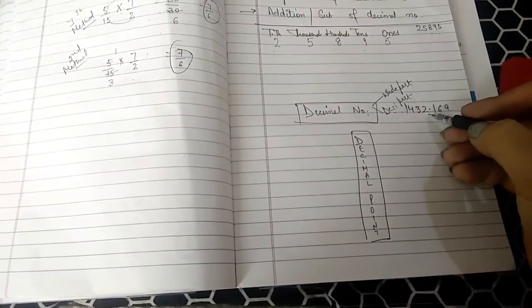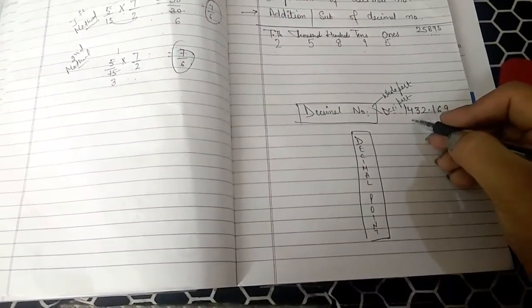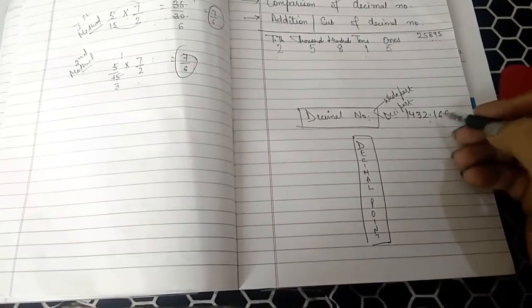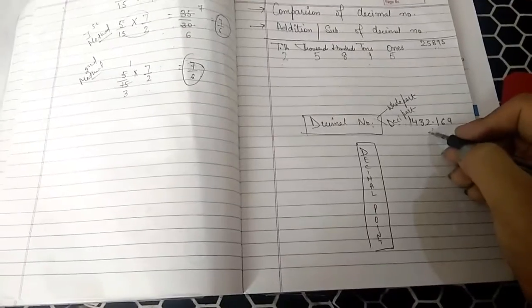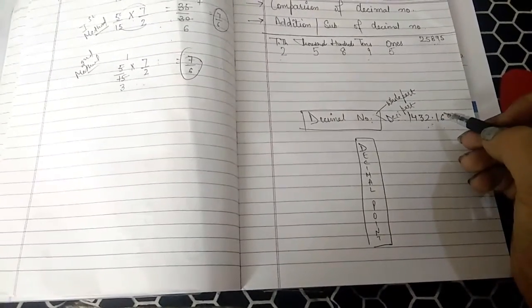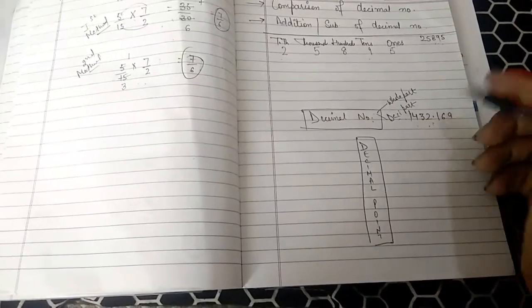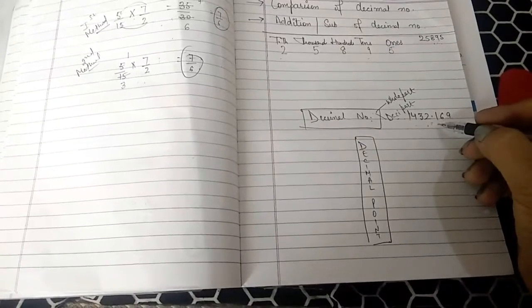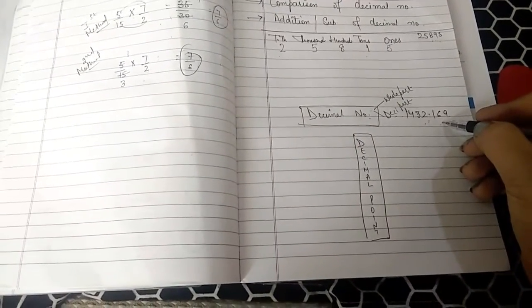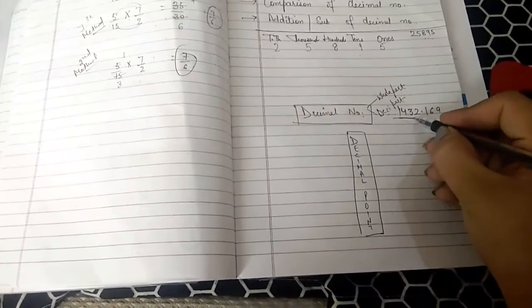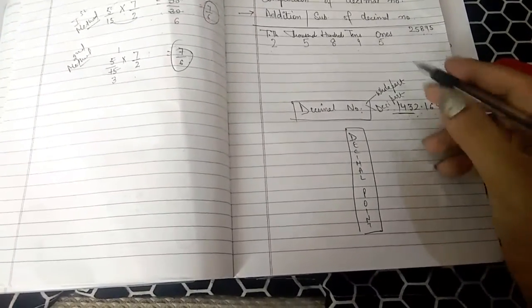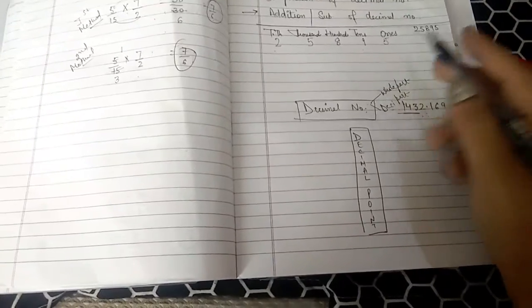The number which is written before the decimal is called the whole part and the digits after the decimal are called the decimal part. I am repeating, digits before the decimal are the whole number part and the digits after the decimal are called the decimal part. Clear? Now the whole part you will represent as it is, like we have done here.